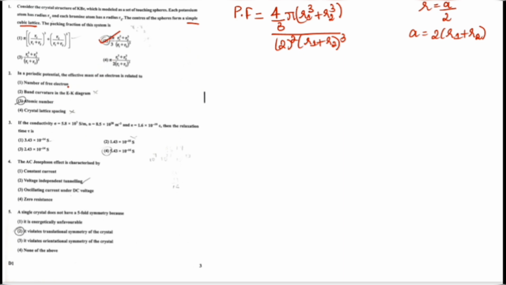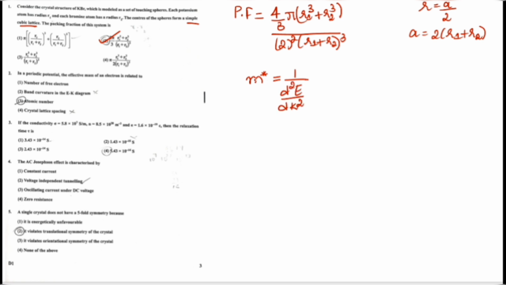In a periodic potential, the effective mass of an electron is related to, this is also from solid state physics. We have the formula for the effective mass, m star, which is equal to 1 divided by d square E by d k square.